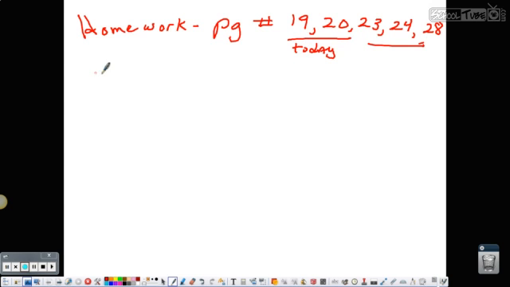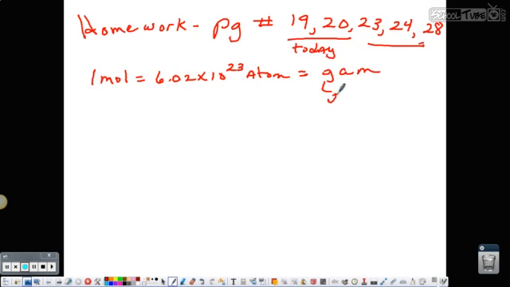To work these three, we're going to need to have an equality that we're going to use. So we're going to use 1 mole equals 6.02 times 10 to the 23rd atoms, and that equals the GAM. G stands for gram, A stands for atomic, and M stands for mass.